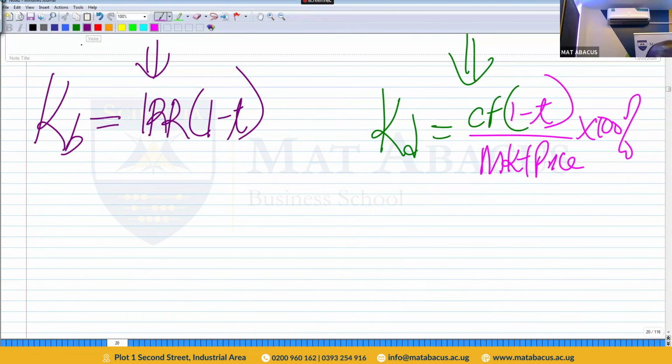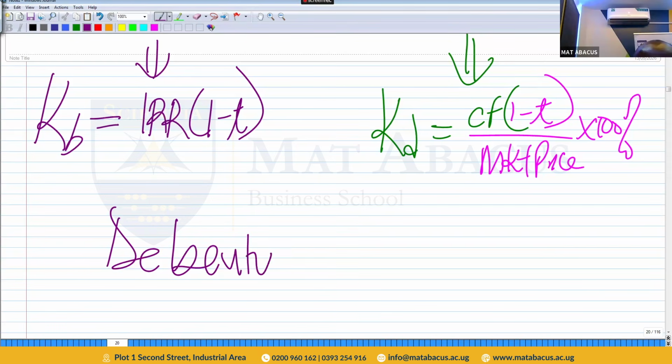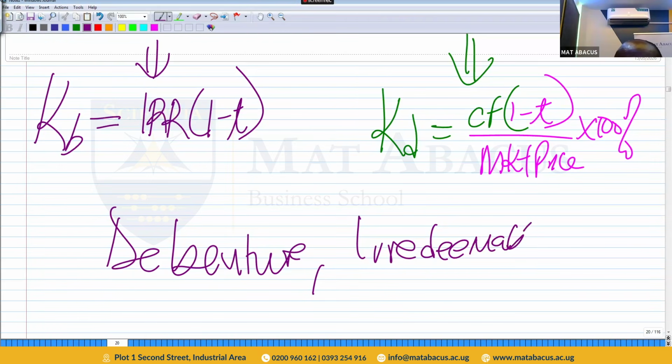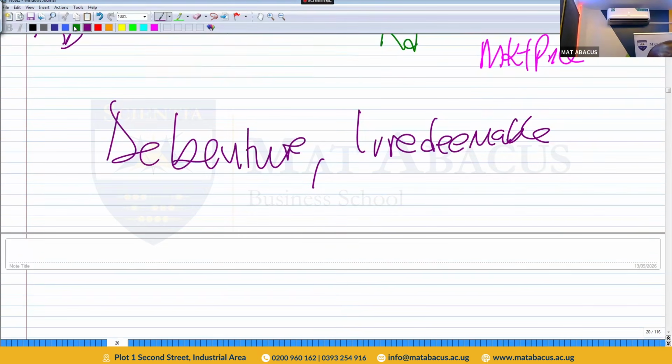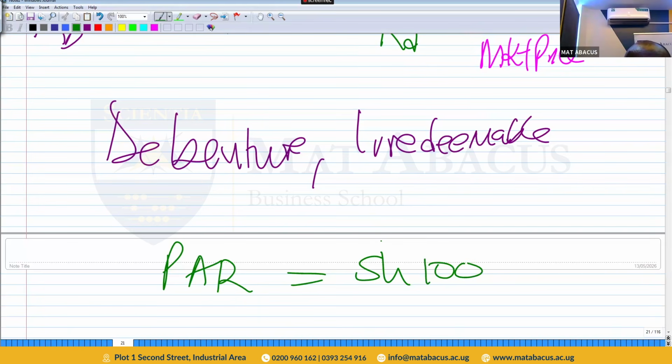So, we have been told debenture is irredeemable. Since this debenture is irredeemable, they are further telling us the par value of the debenture is shillings 100. Granted.